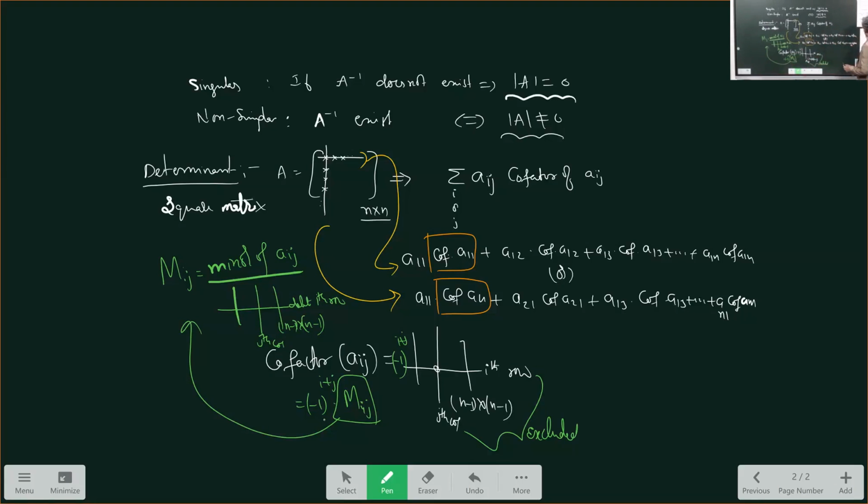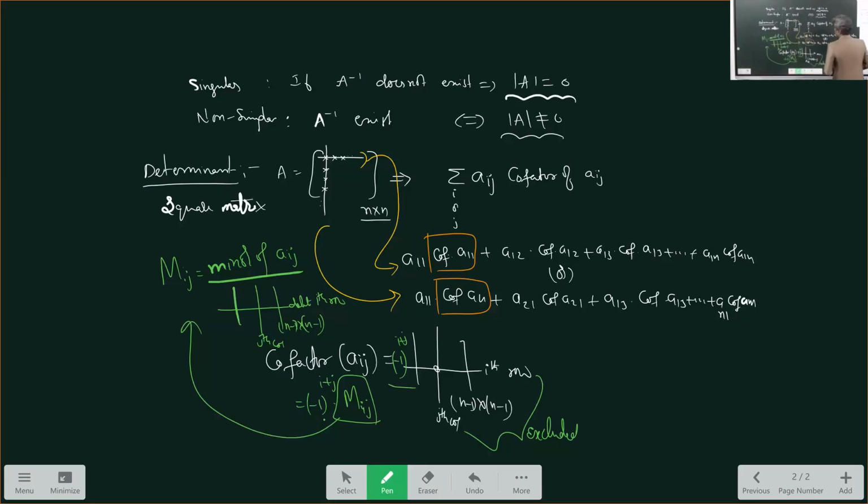So minus and plus come alternately. Is it clear? You need not bother about the minus and plus; it will take care of itself. Cofactor is defined as the minor multiplied by minus 1 to the power of i plus j. I call it the positional value. It could be either minus or plus.